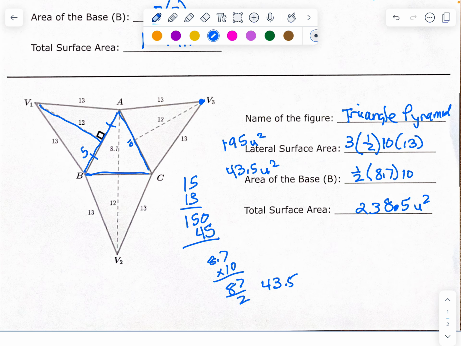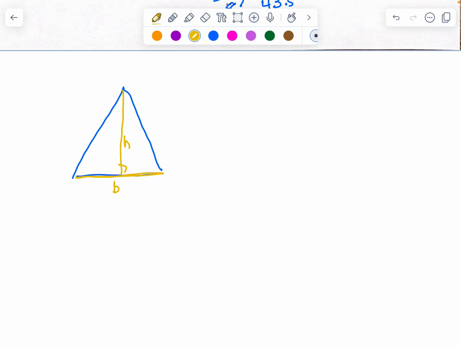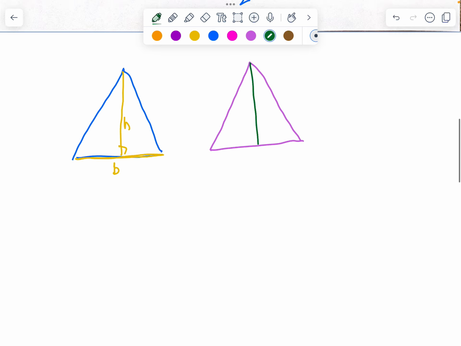Please pay attention, any time you have a triangle, look for this. So it would be the base and the height. Sometimes you will have a slant height, and you will have an 8 and a 10.